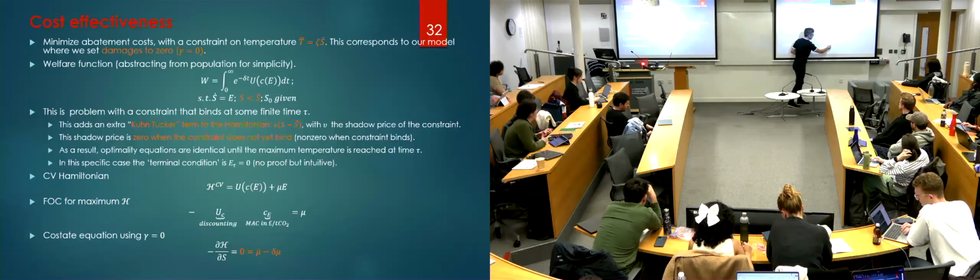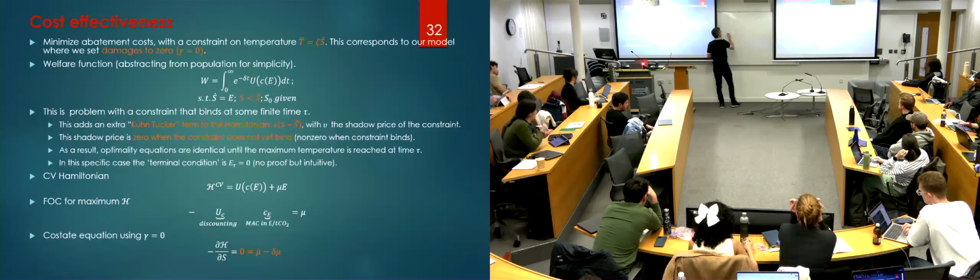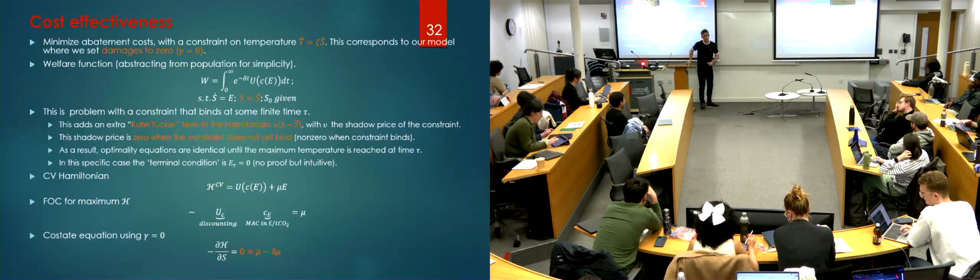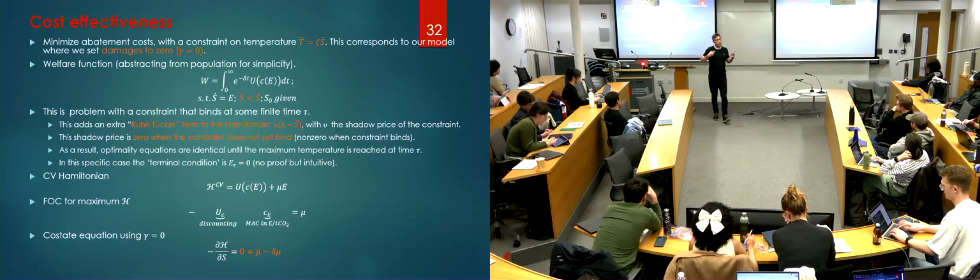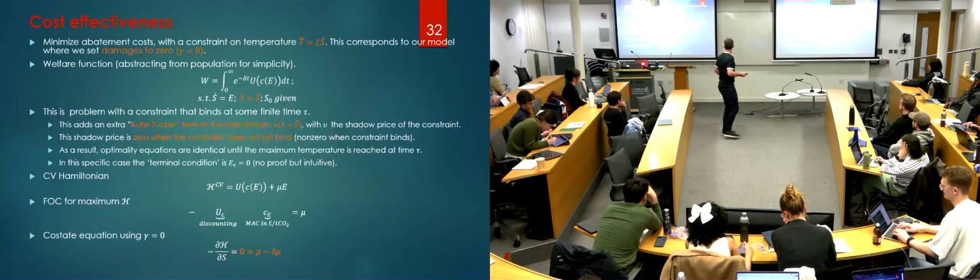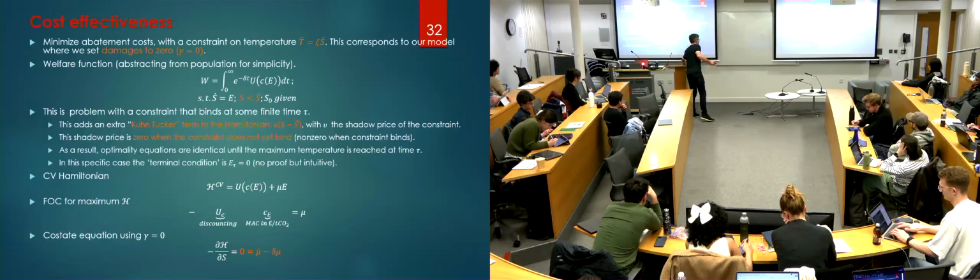Remember, I had an extra term, a damage term. And so less steep means starting higher. I need to do more at the start. And so when you do cost effectiveness, what all the engineers and IPCC, etc. are doing, then you do less effort at the start.